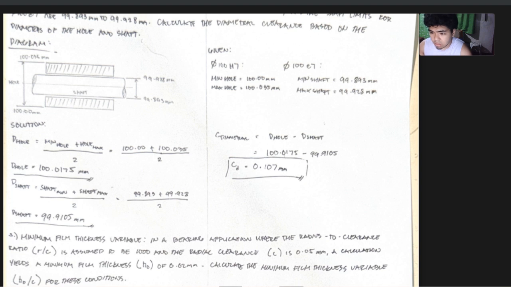So 100.0175 minus 99.9105 is equivalent to 0.107 millimeter. That is the final answer for the diametral clearance.